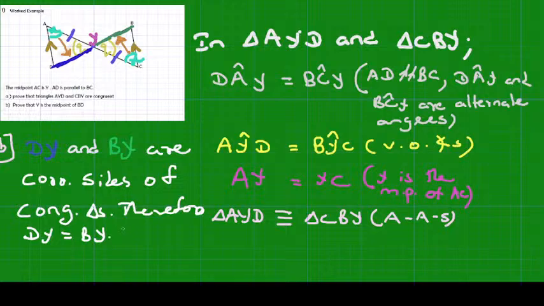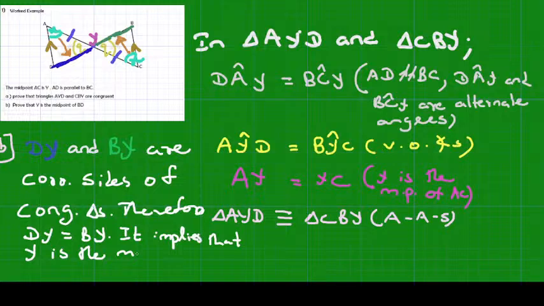So if DY is equal to BY, it implies that Y is the midpoint of BD. All right, that's it.